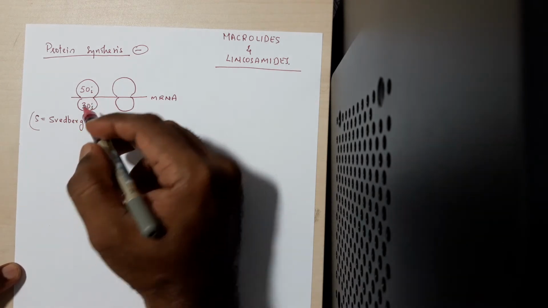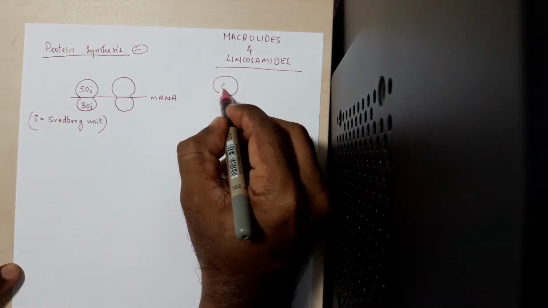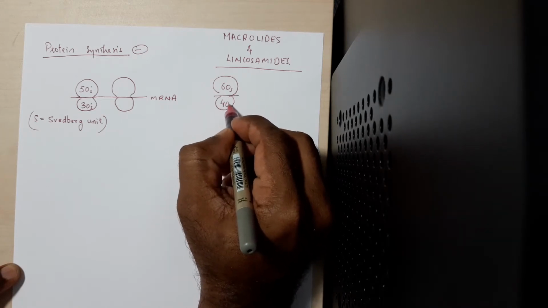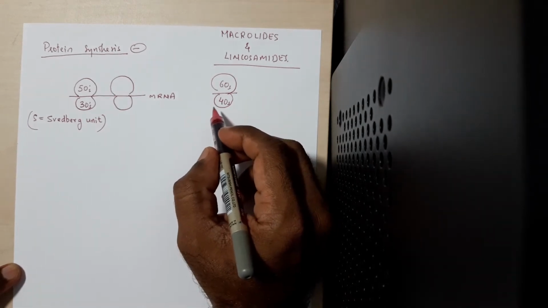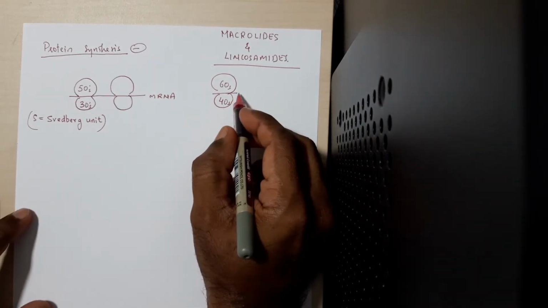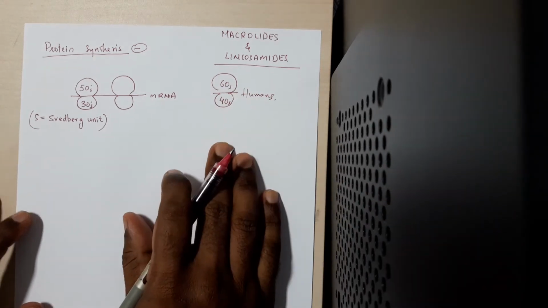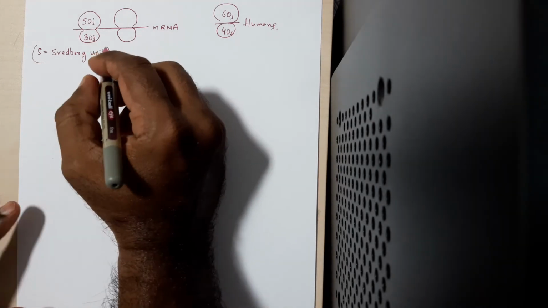This is in bacteria. What about in human beings? In human beings, it is 60S and 40S. That's the reason when we take these drugs, they don't affect our protein synthesis. Now coming back to the bacterial ribosome.